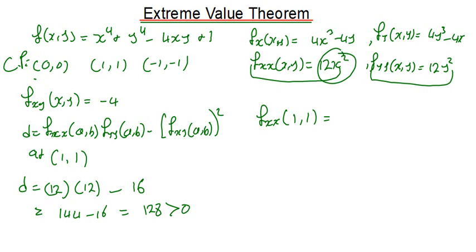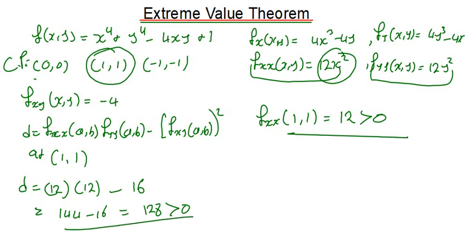So now this value that you have is also greater than 0. Hence we have a relative min at that point, because this is greater than 0 and the discriminant is also greater than 0.